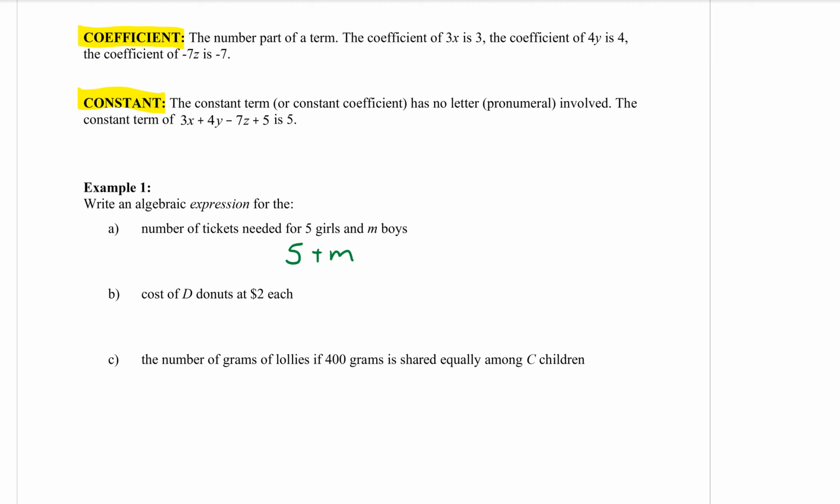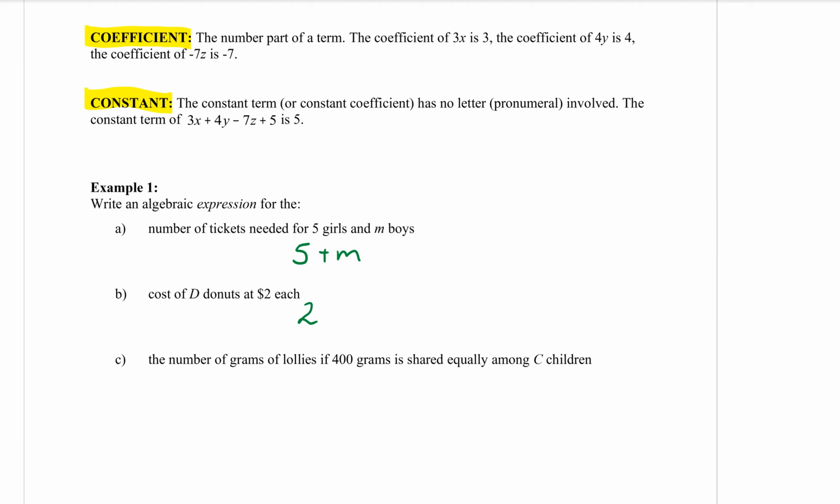But I have D donuts, so what should I do? 2 times D. But in algebra, one of the little things that we do is that we don't actually like to write multiplication signs. We write things next to each other and it means multiply. So 2D means 2 times D. But that's how you should write it, and the number should always be first. We don't ever go D2. We put the number first.